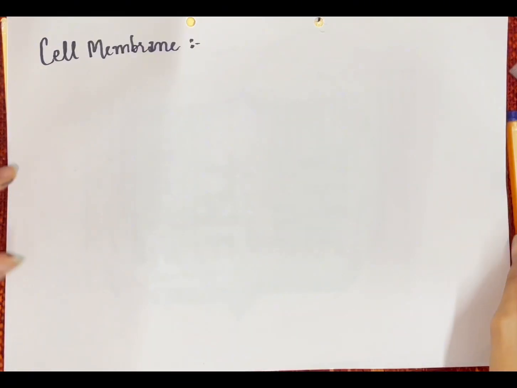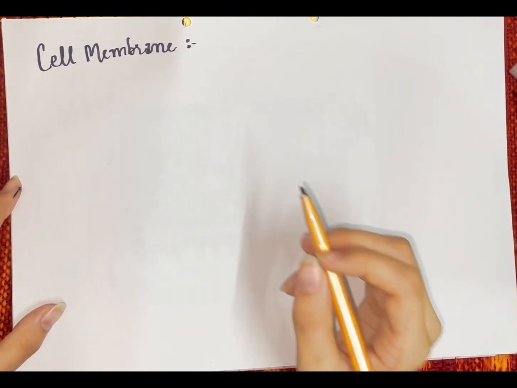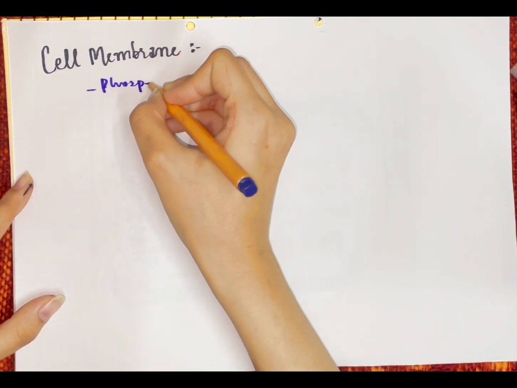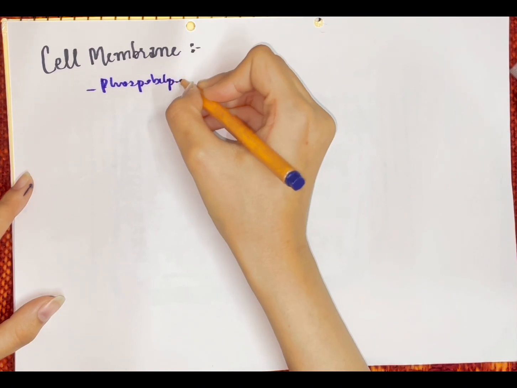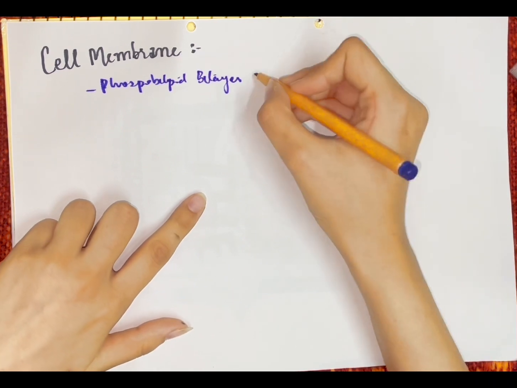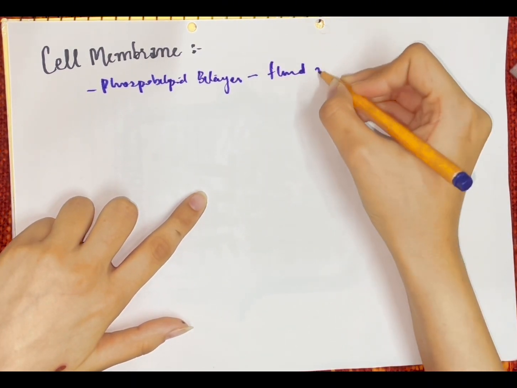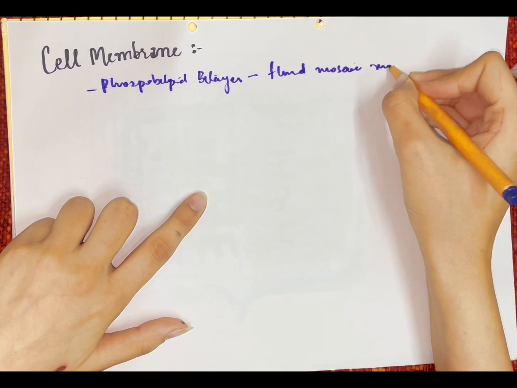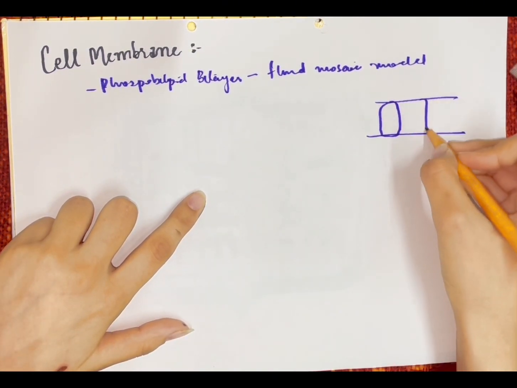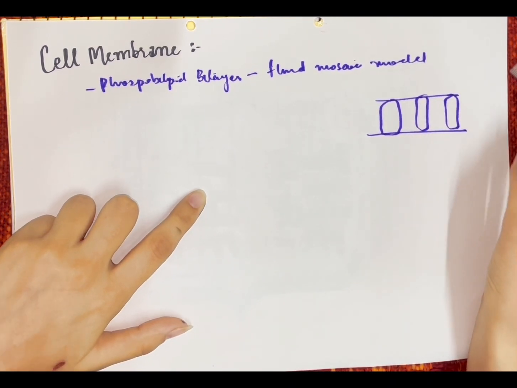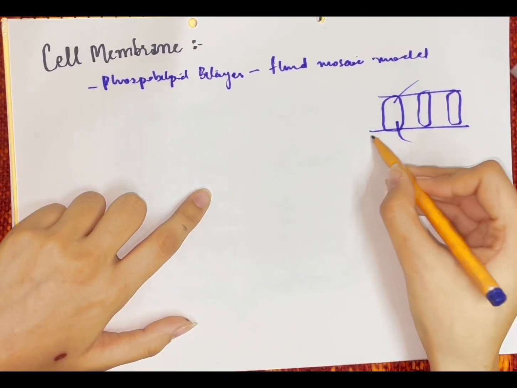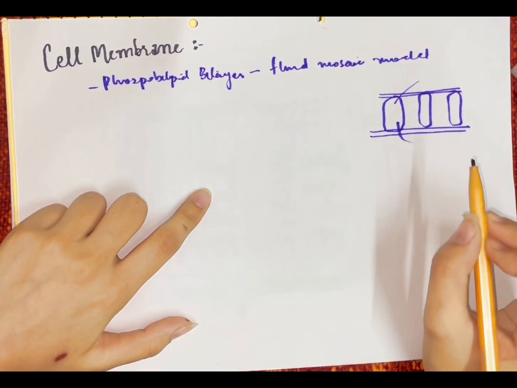The next topic after the cell wall is the cell membrane. The cell membrane is basically known as a phospholipid bilayer because of its very popular model, the fluid mosaic model, in which the cell membrane is embedded in the lipid sheath, where there are different kinds of proteins, that is, intrinsic proteins and extrinsic proteins, and this helps to maintain the shape of a cell.